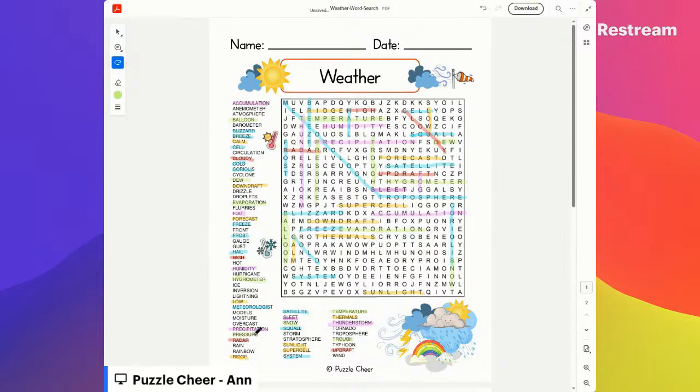We'll cross that off. And Rory says hurricane is vertical, just right of pressure. All right, I see it. Thank you. H-U-R-R-I-C-A-N-E, right next to pressure.